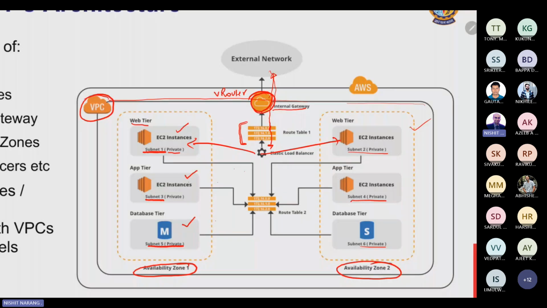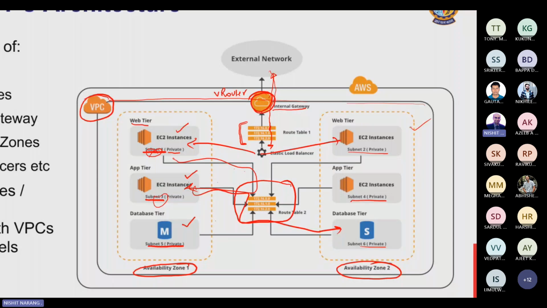So that's the elastic load balancer. You can have internal routing set up between these subnets so that web tier traffic can go to the app tier, and app tier traffic can go to the database tier.